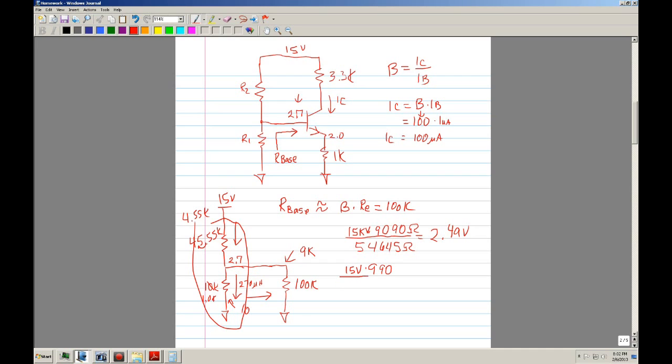So 990 plus 4.55K. And let's see if we get closer to the 2.7. 15 times 990 divided by 990 plus 4550. 2.68.